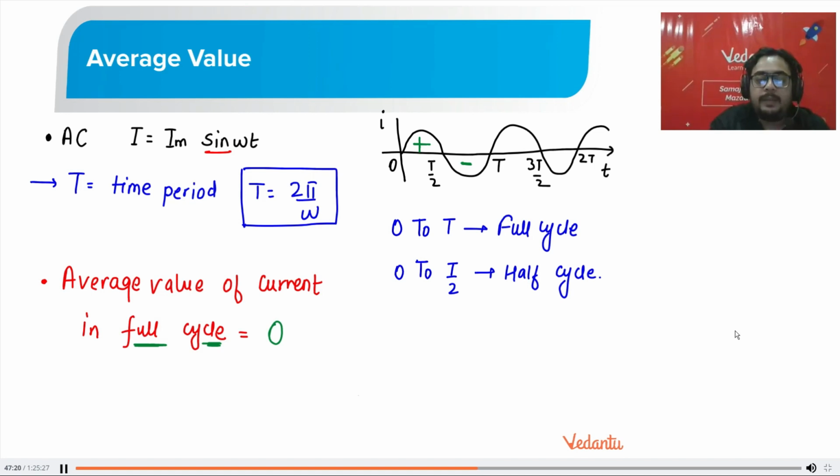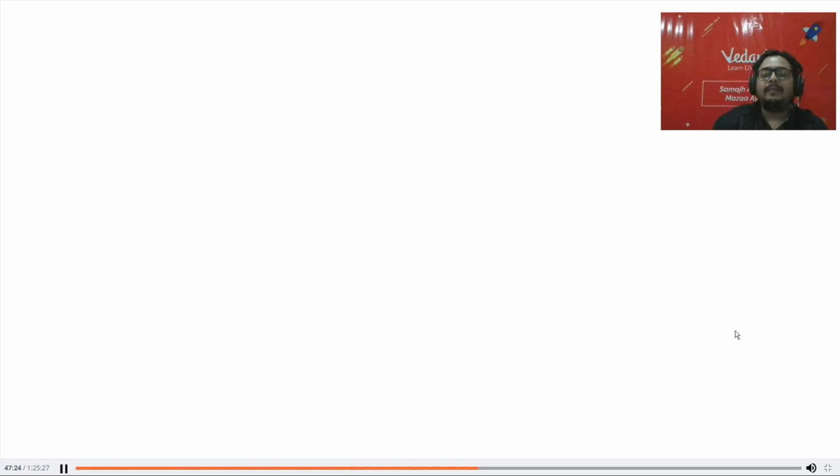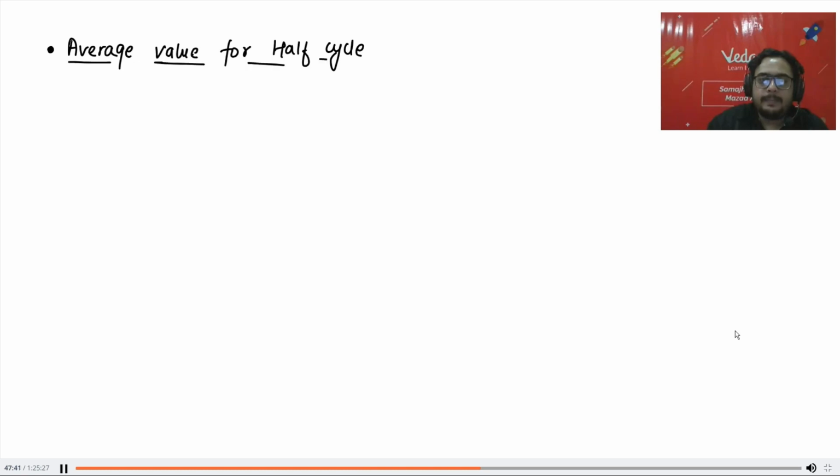But what will be the average value for half cycle? For that, I will have to integrate. So this is an important one. Average value for half cycle, which means from 0 to T by 2.